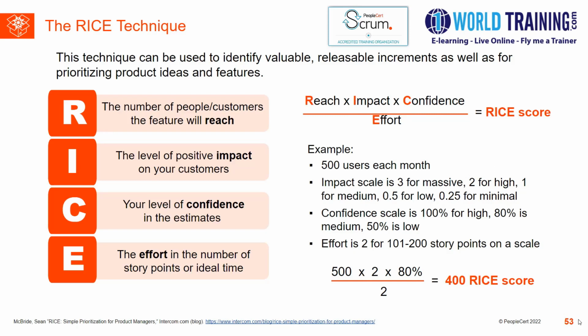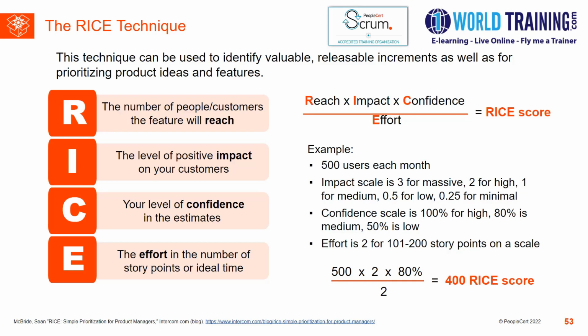The RICE score of 400 indicates that if any product idea or feature has a score higher than 400, say 500 or 600, those should be given the priority.